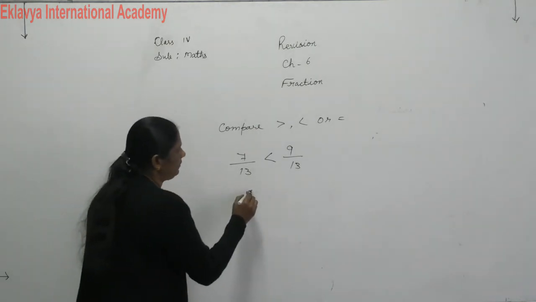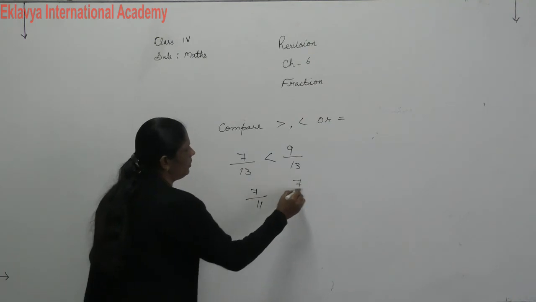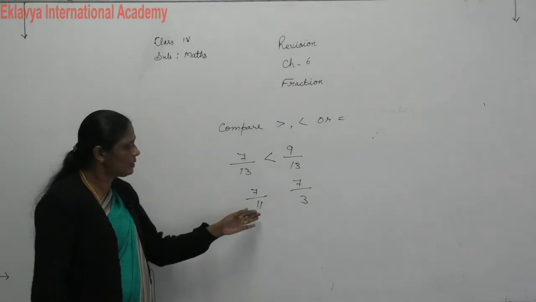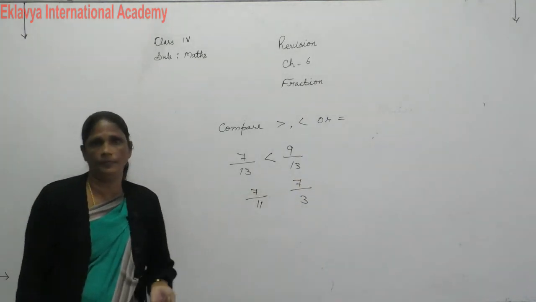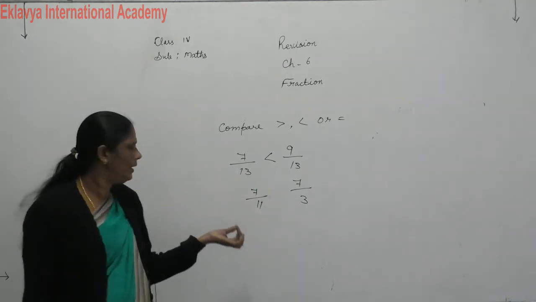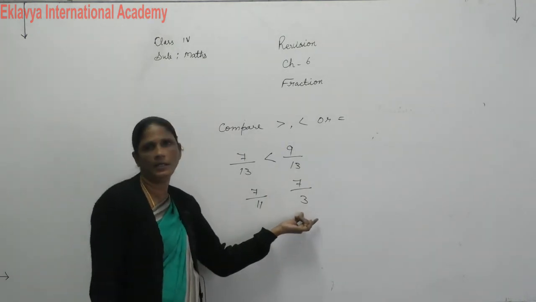Then 7 upon 11 and 7 upon 3. In this question the numerators are same and the denominators are different.